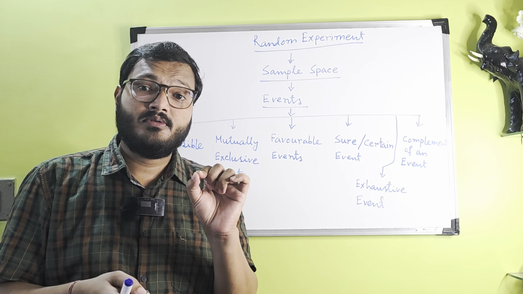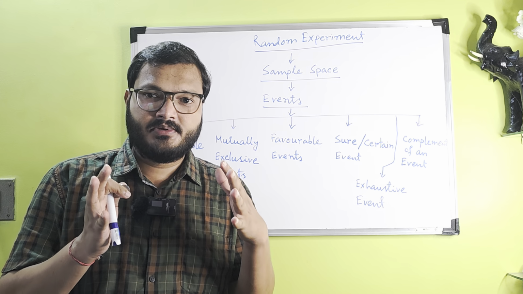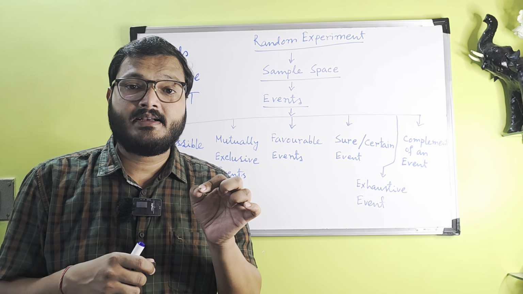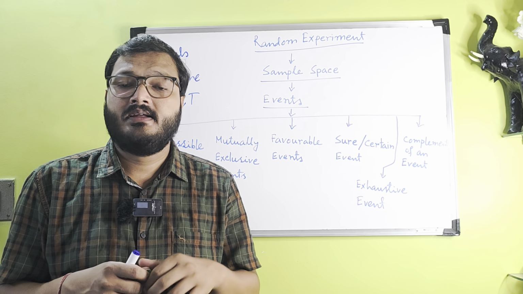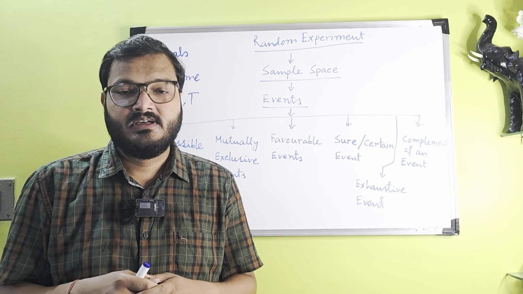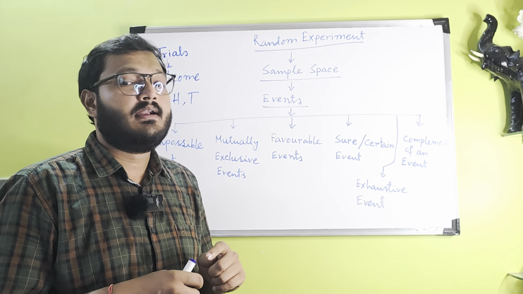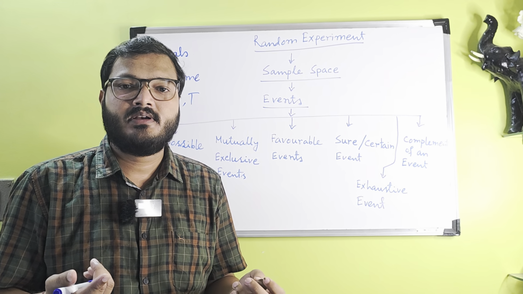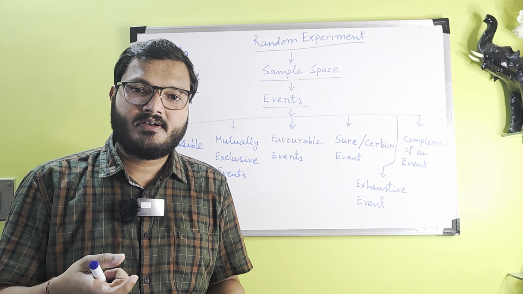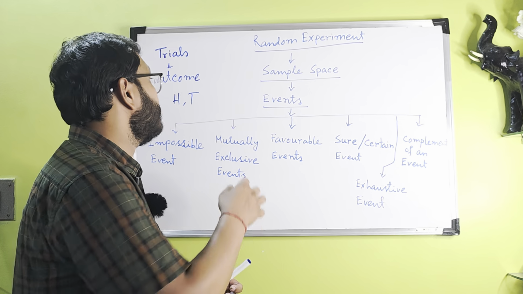So we know the possible results, but what will exactly happen in this particular trial is not known to us. These kinds of experiments are called random experiments. So what is the definition? A random experiment is an experiment whose possible outcomes are known to us. What are the outcomes?